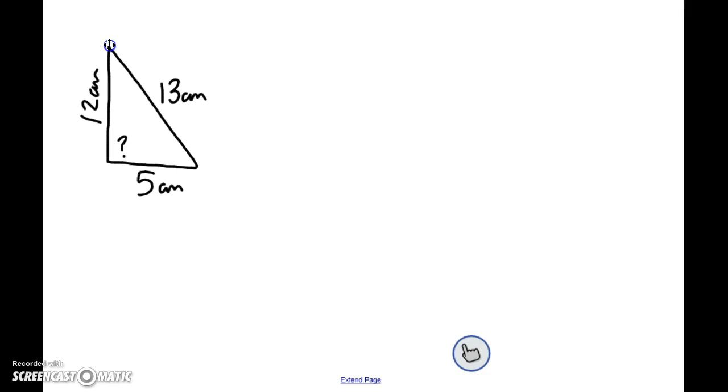The Pythagorean theorem says that if I take side length a and find its area, that's a squared, and I add it to side length b and find its area, so I'm creating squares, then I should get the hypotenuse square area.